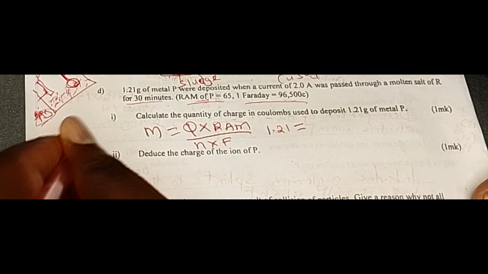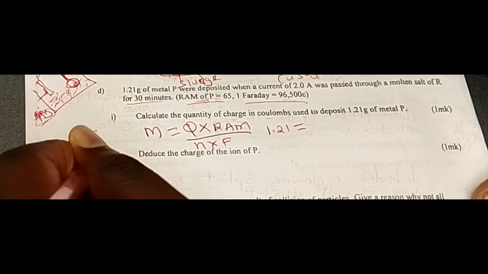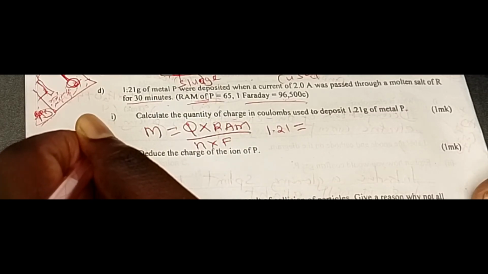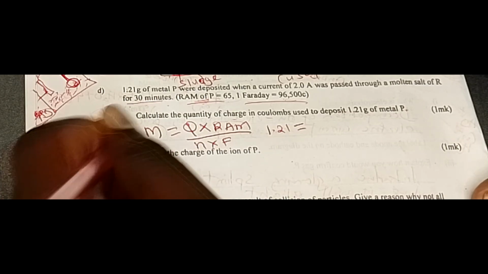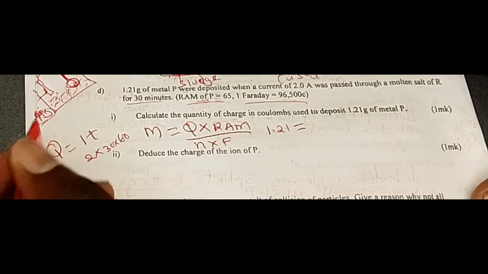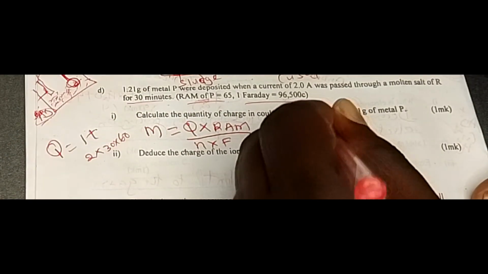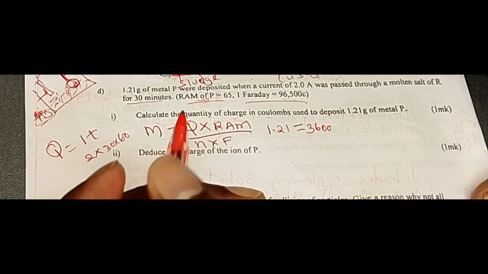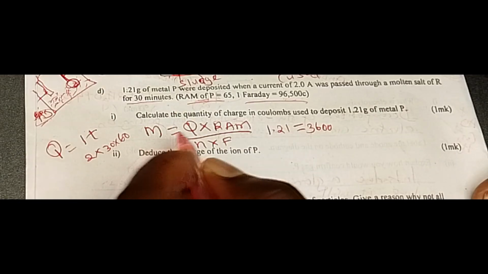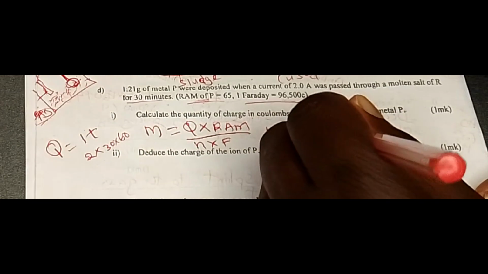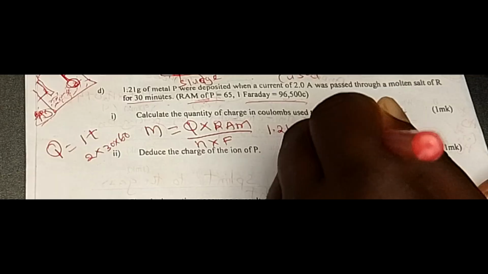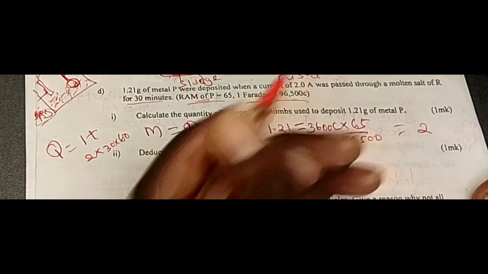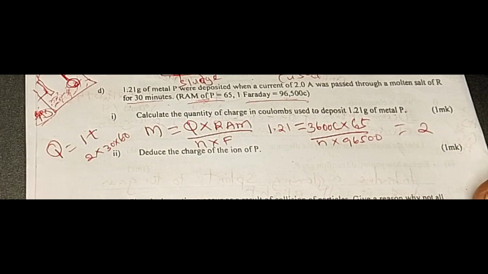Quantity of charge is given by I times T. I is 2.2, and T must be in seconds, 30 times 60, that is 1800, times 2.2, that is 3960 coulombs. Then 1.21 equals 3960 coulombs times RAM, which is 65, divided by N times 96,500, where you get N equals 2.